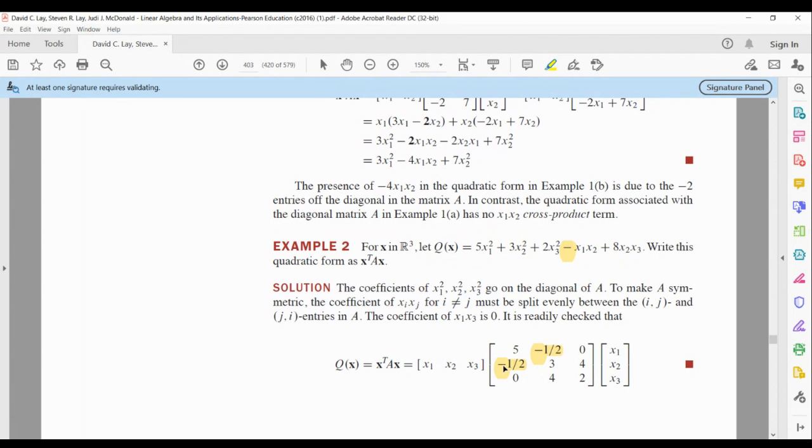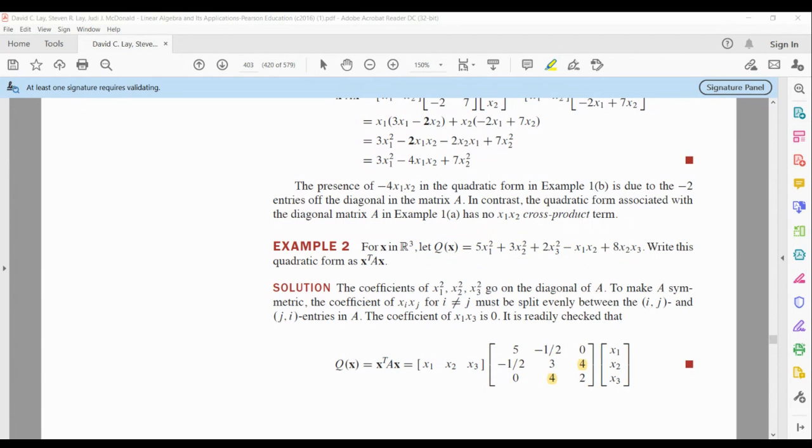Let's focus our attention now on the two 4s, those entries in the matrix A. The 4 is in what row and what column?